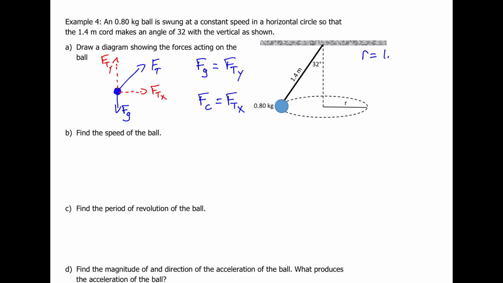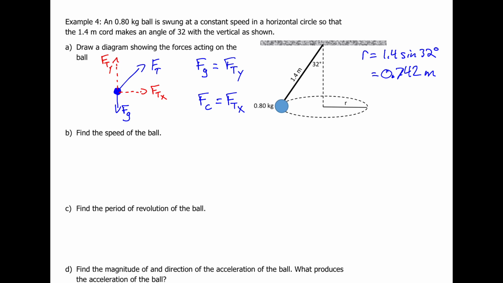So it's 1.4 sine 32, because we can do trig. What does that equal? 0.742. I'm going to keep the 742 because I'm doing an estimation, so I'm keeping one extra number just for rounding error problems. So 0.742 is my radius in this case, and I just put it up there to show the math of how we got that. We'll use it later.